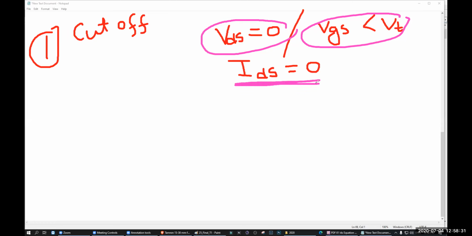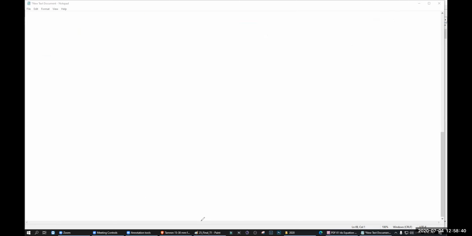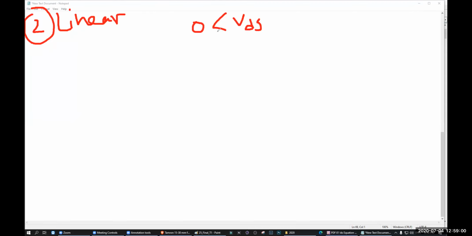Number 2. You have written this, right? Okay. Number 2, I'm going to erase everything. Number 2 is linear. So for linear, your VDS must be more than 0, because if it is less than or equal to 0, then it means it is a cutoff.